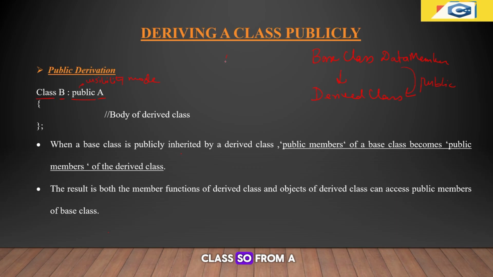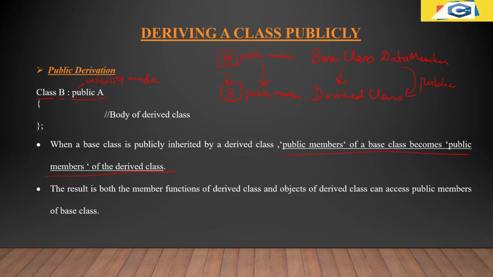From A, I can access the data members publicly, which means the public members of base class A will become public members of derived class B. I can use the data of class A in class B without any restriction. That is the meaning of public visibility mode: public members of the base class become public members of the derived class.